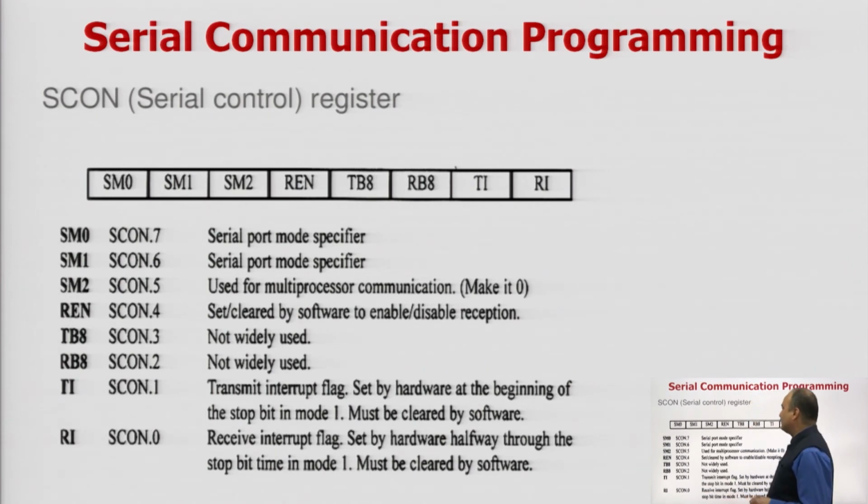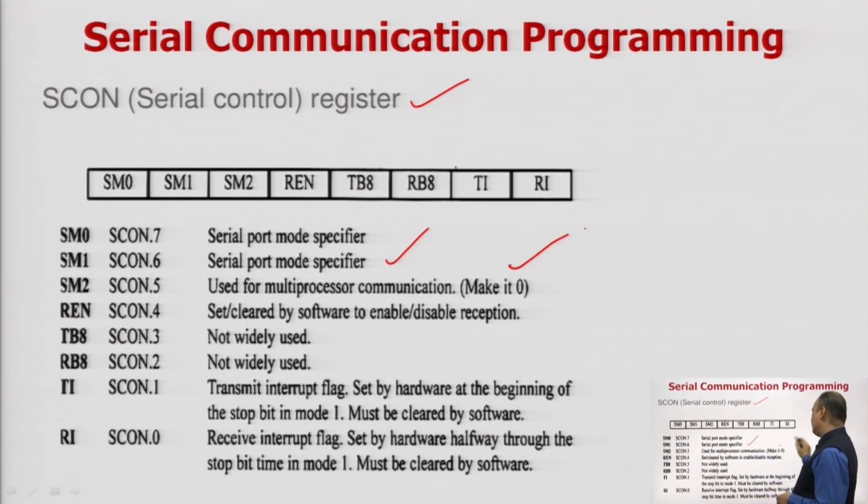For serial communication programming, we use the special function register SCON, which is an 8-bit register, and these are the bits. SM0 and SM1 are the serial port mode specifier bits. SM2 is used for multiprocessor communication. REN is set or cleared by software to enable or disable the reception.